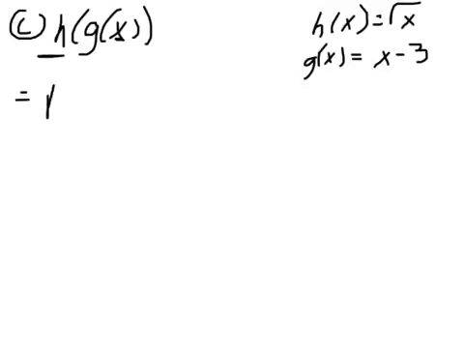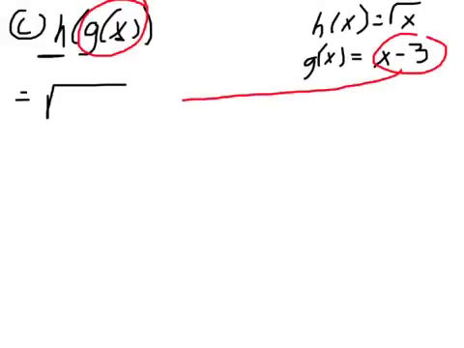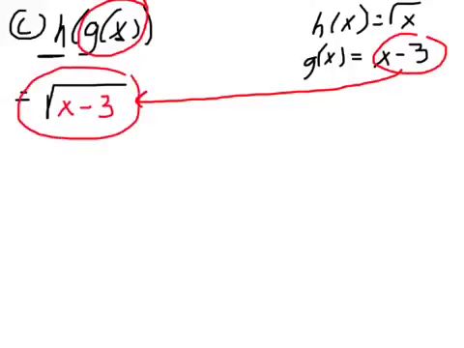H of x is the square root of something, square root of x, whatever x is. Well, what are we going to plug in for x? We're going to plug in the whole function g of x. Well, g of x is x minus 3, and they didn't give me a number to plug in there, did they? So since they didn't give me a number, I'm going to take this whole x minus 3 and stick it in under here. And I would get my answer, the square root of x minus 3.